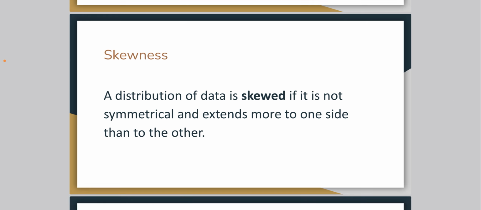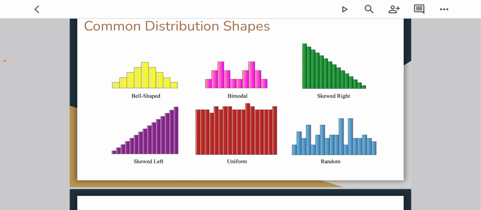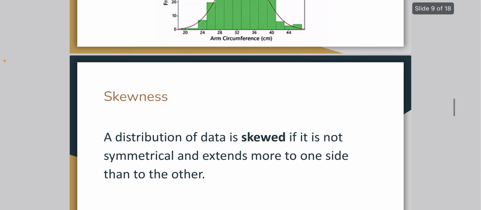Skewness. A distribution of data is skewed if it's not symmetrical and it extends more to one side than the other. So skewed, if you think about what you see here in the green and the purple, skewed to the right, the tail goes off to the right. Skewed to the left, the data falls off to the left, the frequencies.